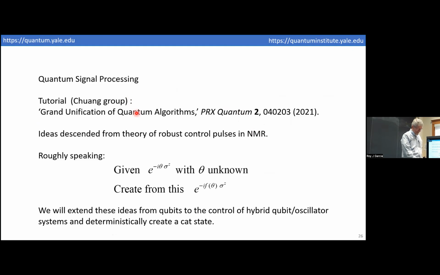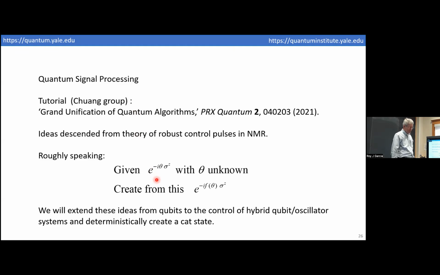This is not the original paper, but it's a great tutorial paper from the Schwarz group that basically says that all the quantum algorithms can be understood using ideas that descend from the theory of robust control pulses in nuclear magnetic resonance.